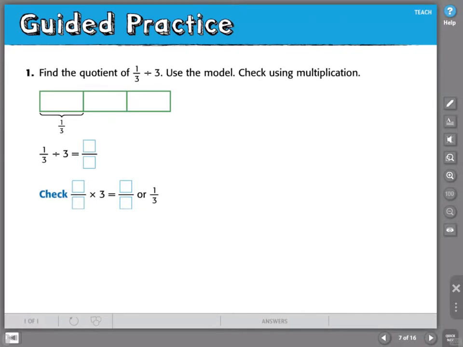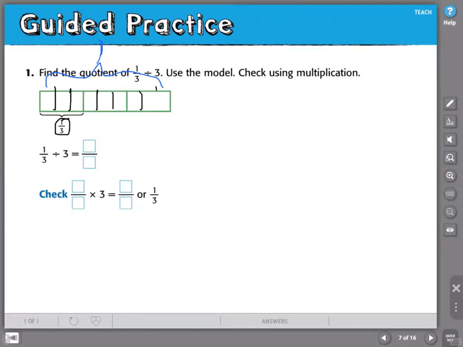Here's another example. We're asked to find the quotient of 1/3 divided by 3 using the model. And then we're going to use multiplication to check our answer. So here we have 1 whole, but we are going to look closely at 1/3 of that whole. We are going to divide that third itself by 3.